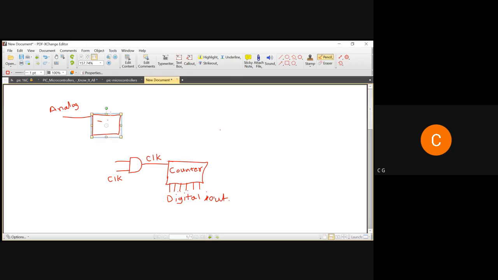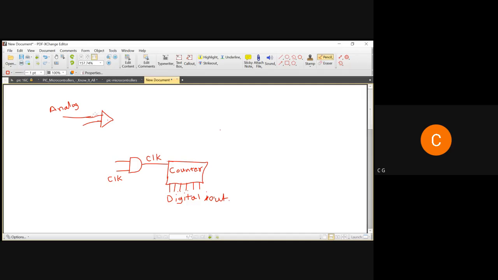This analog signal goes into an op-amp, and this op-amp is fed.